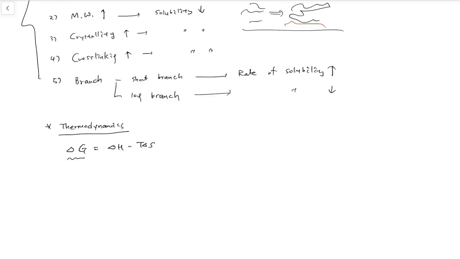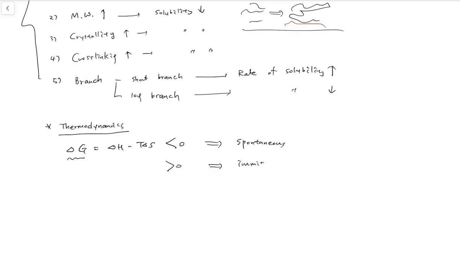If the Gibbs free energy change for dissolving the polymer in a certain kind of solvent is negative, then that process is spontaneous. If it is positive, they will not mix.